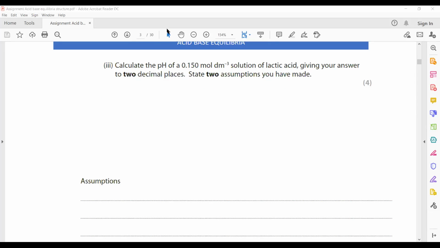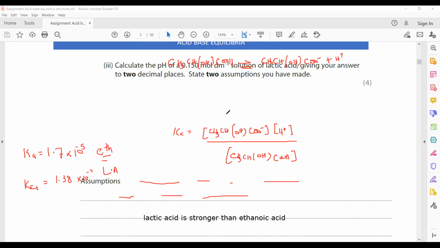The next part: calculate the pH of a 0.1 mol per dm³ solution of lactic acid, giving your answer to 2 decimal places, and state 2 assumptions. So first thing, we have lactic acid and we know its concentration. So what is our assumption?